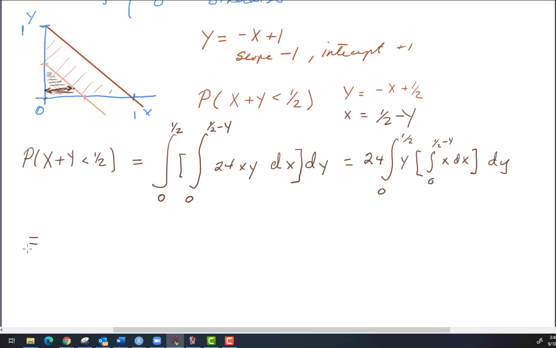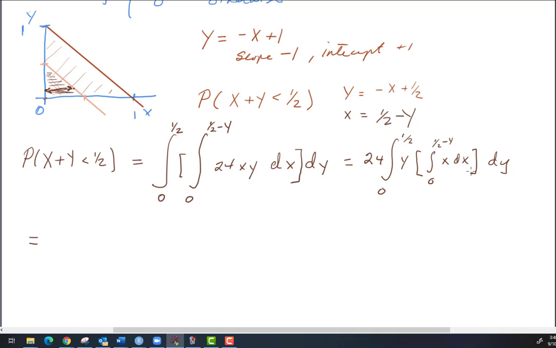So it's a quick review of iterated integrals. We're going to integrate this and get x squared over 2, and then substitute upper and lower limits. The lower limit is 0, so that won't really give us anything.